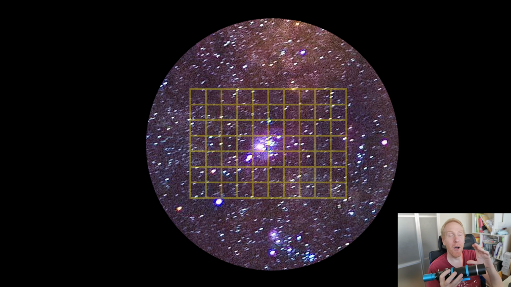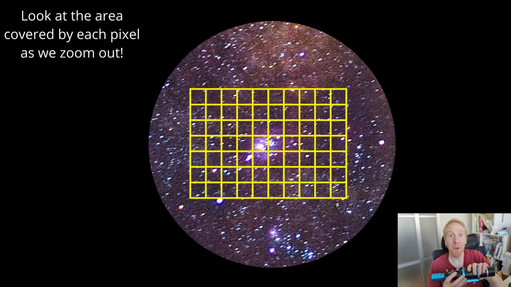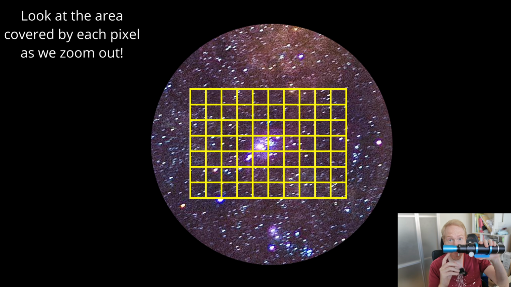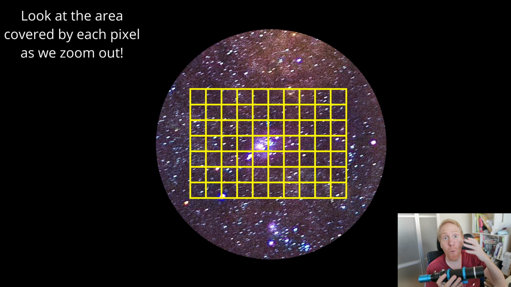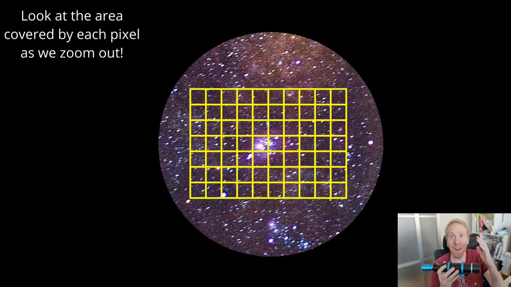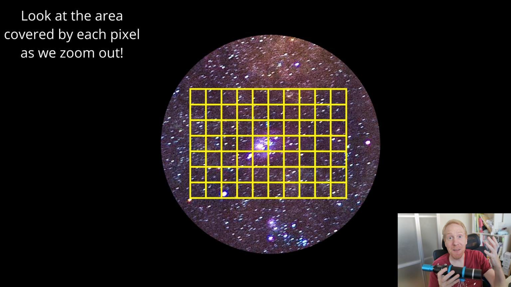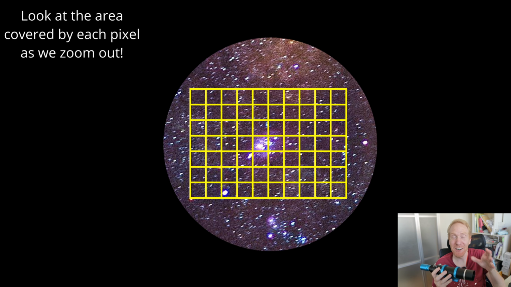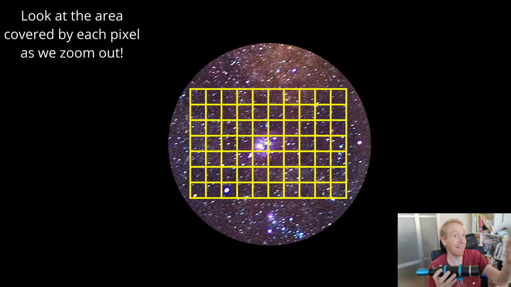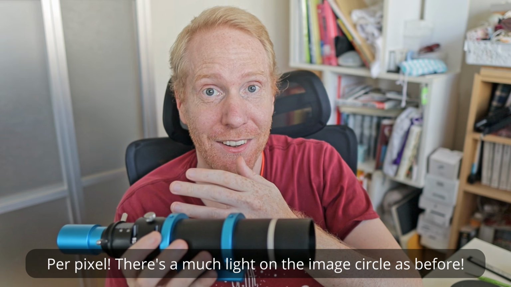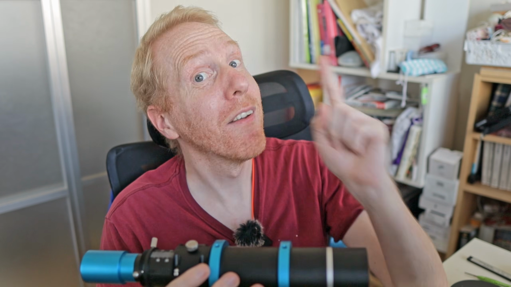If I place a camera sensor on top of our smaller image circle, we're now able to have much more light per pixel of our camera sensor. But at the same time, each pixel of the camera now covers a larger area of our field of view than before, so we get fewer details. So it's always the trade-off between more details, less light, or fewer details, more light per pixel.